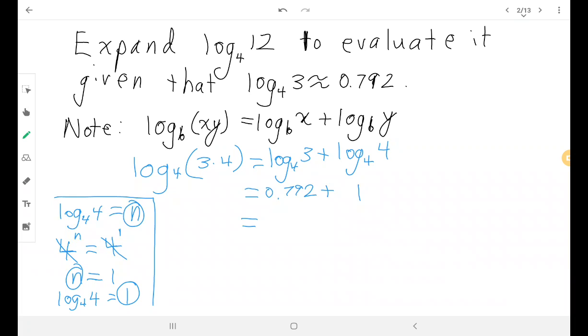And then this decimal plus 1 is 1.792. And there we have our answer, although really, instead of writing equals, I should have been writing approximately equal to, because that decimal part is an approximation. The 1 is completely accurate, but the decimal part is just a rounded decimal approximation.